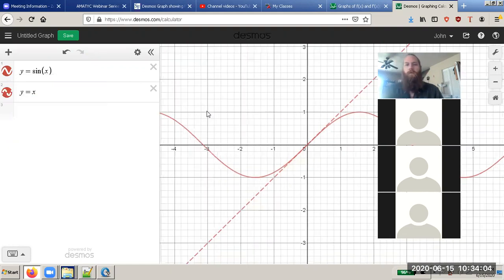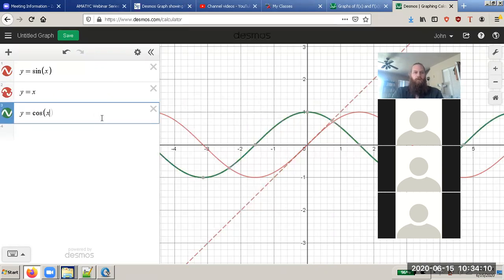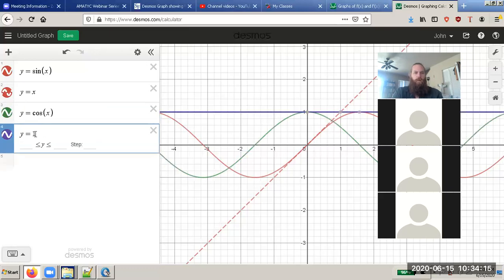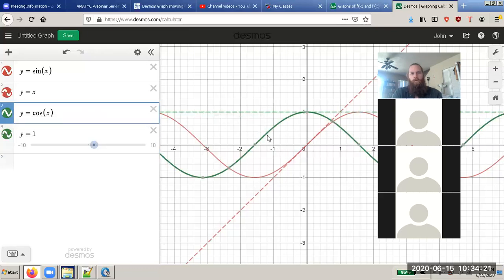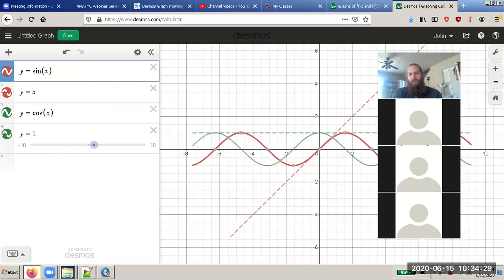So that is the sine function, and the tangent to the sine function when x is equal to 0. And we'll put cosine in green, and its tangent dotted green. All right, so here are the two functions, cosine and its tangent at 0, and sine and its tangent at 0. They look like this.